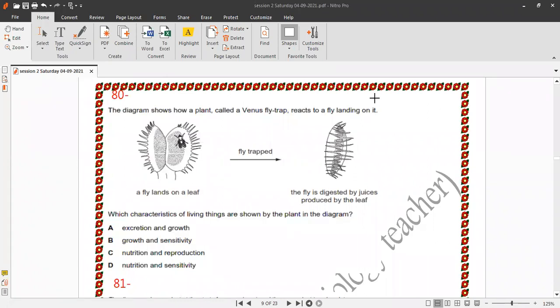Nutrition and sensitivity. Why nutrition? Because here the fly is digested. Why sensitivity? Because it closes when the fly is trapped. Okay, thank you.